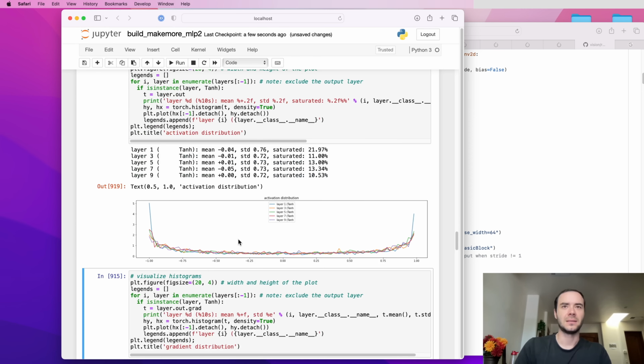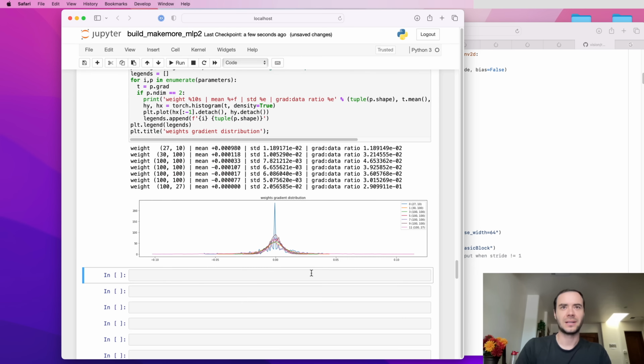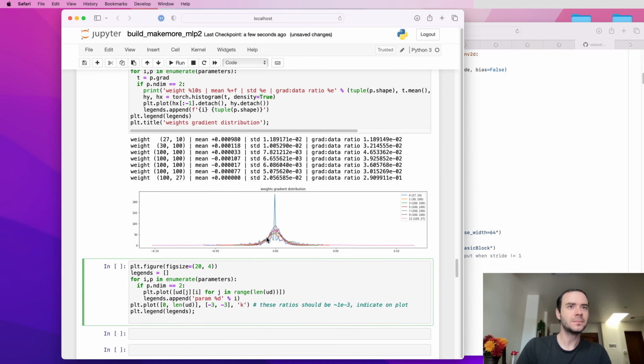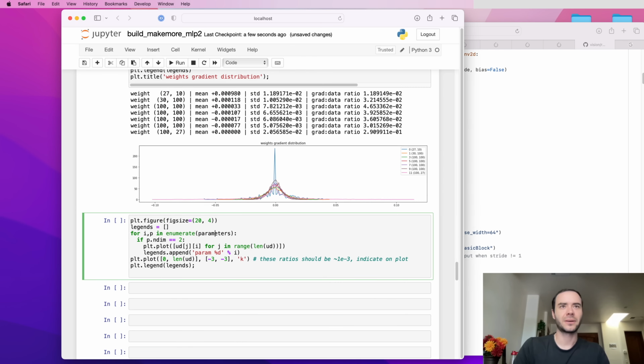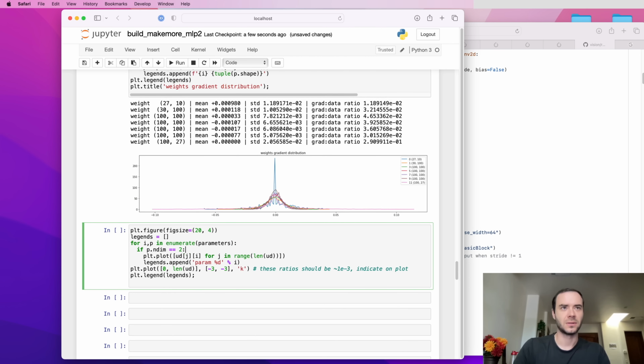We can look at the activations, the gradients, and the parameter gradients as we did before. But now I have one more plot here to introduce. What's happening here is we're iterating over all the parameters, and I'm constraining it again, like I did here, to just the weights. So the number of dimensions in these tensors is 2. And then I'm plotting all of these update ratios over time.